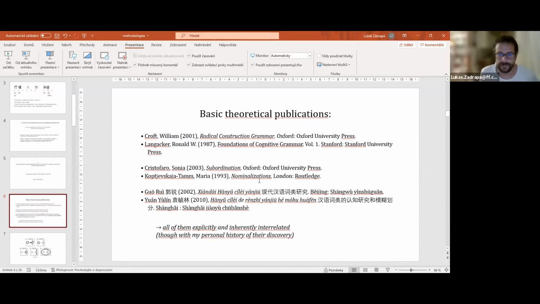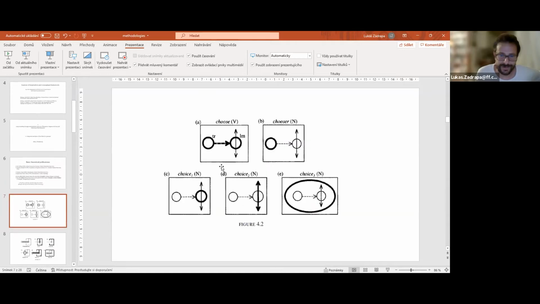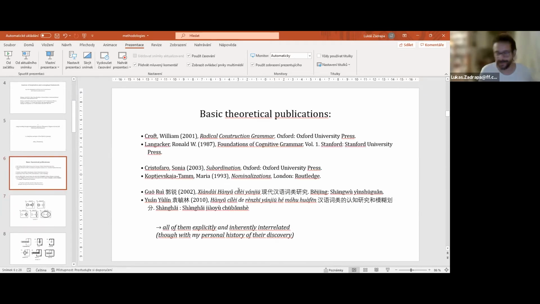So I wanted to know where Classical Chinese stands, in fact, and whether there are any universal features of subordination and nominalization. And of course, I discovered that they truly are. And I also discovered that both Cristofaro and Koptjevskaja-Tamm heavily draw on both Croft and Langacker. So I was happy to know that I am on the right path, I would say.